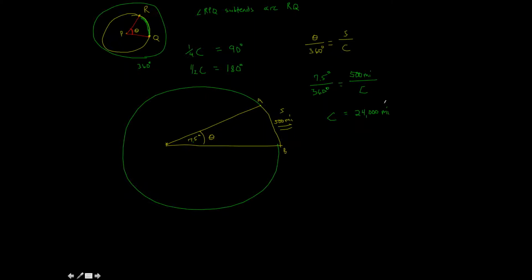Now, what I didn't tell you is that this little formula that we just used to find the circumference of the earth was used by a Greek philosopher in 240 BC. Eratosthenes is his name. You don't need to know his name, but in 240 BC he knew the distance between two cities, and using sunlight, he got this subtended central angle, and he estimated the circumference of the earth.